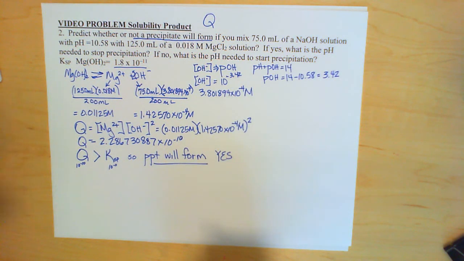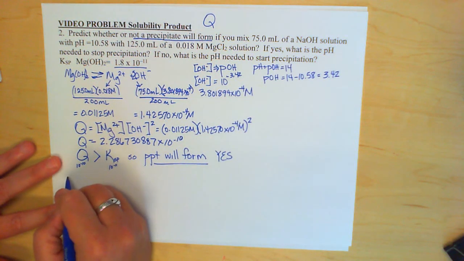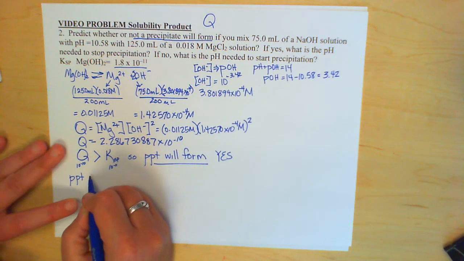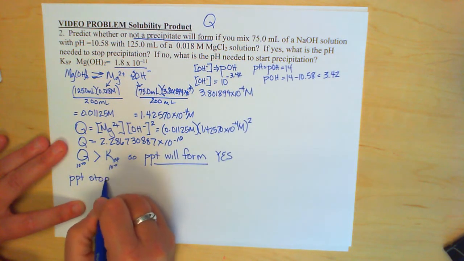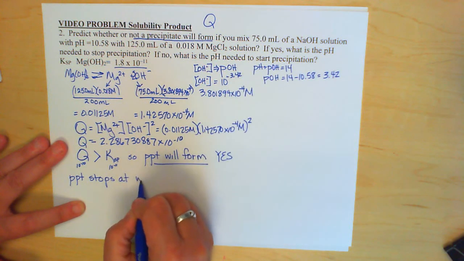So then the next question says, if yes, what is the pH needed to stop precipitation? If no, what is pH needed to start precipitation? So since our answer is yes, what we're going to need to know is the precipitation stops at what pH?